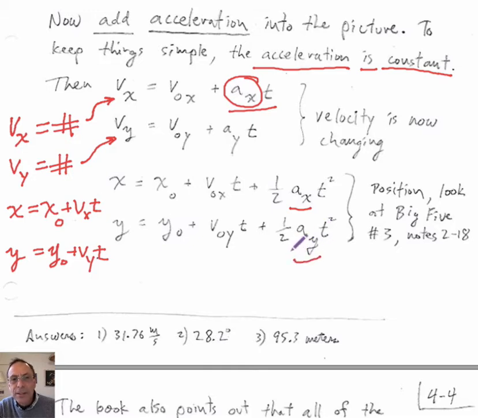where a is the y component of the acceleration. And in terms of the big five equations that we've sort of standardized on in this class, if you want to look at the notes on page 2-18, chapter 2, page 18 of the notes, this would be big five equation number 3.